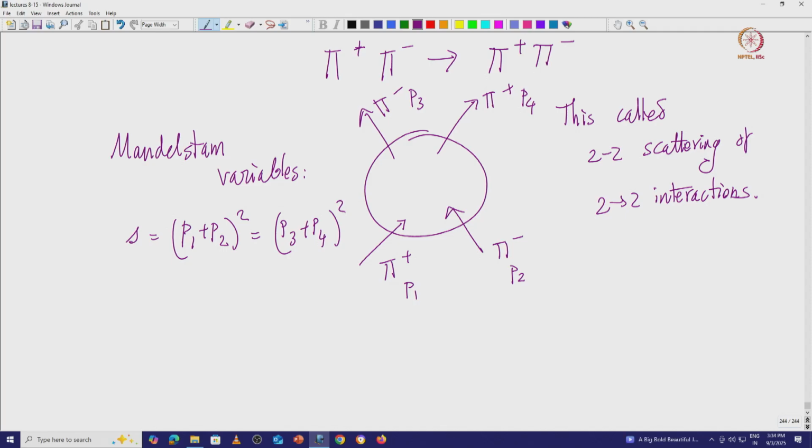Because energy is always conserved, the incoming momenta and the outgoing momenta will always have the same thing essentially. Similarly, you will have T, where the difference between the incoming momenta and the outgoing momenta would be exchanged, (P2 minus P1) square.